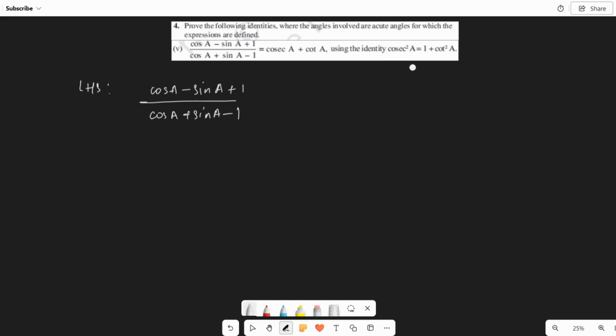We are also asked to use the identity cosec²A = 1 + cot²A. So let us divide the numerator and denominator by sin A.